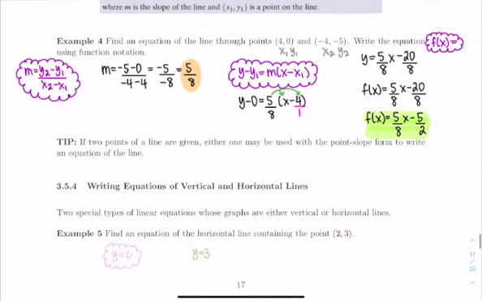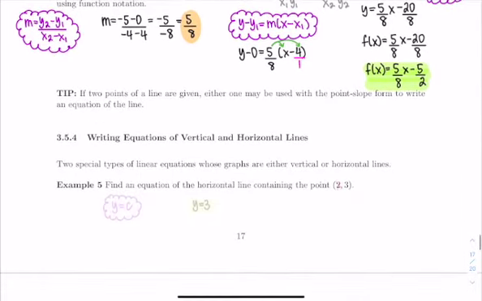Now what about writing equations of vertical and horizontal lines? Let's find an equation of a horizontal line containing the point (2, 3). When I'm looking at this coordinate, what is the piece that I care about when we talk about horizontal lines? Do I care about the x coordinate or the y coordinate?